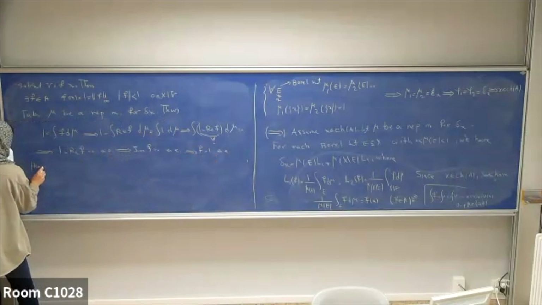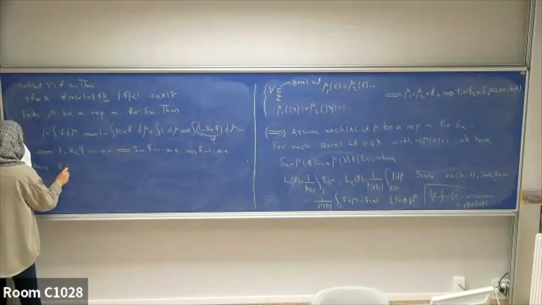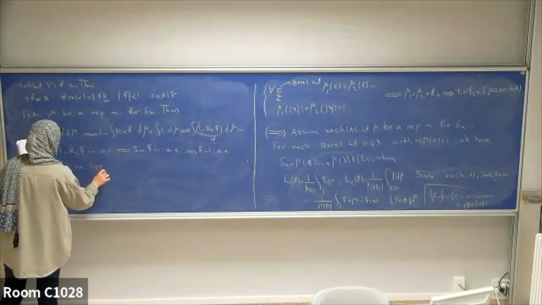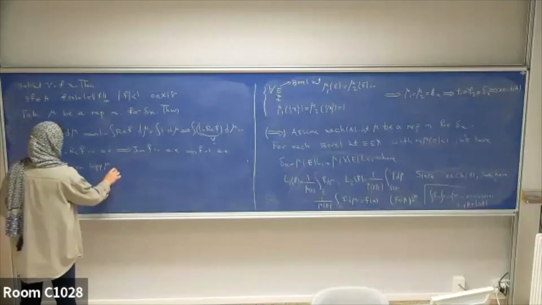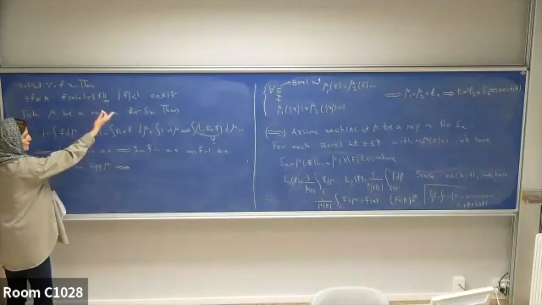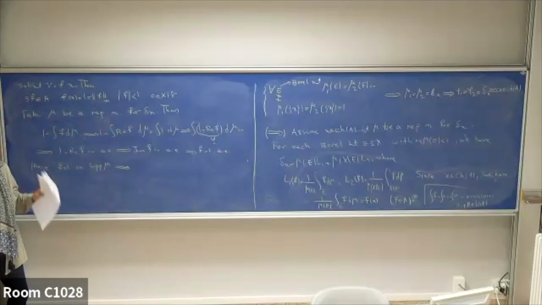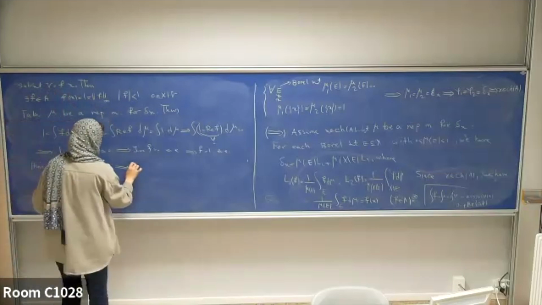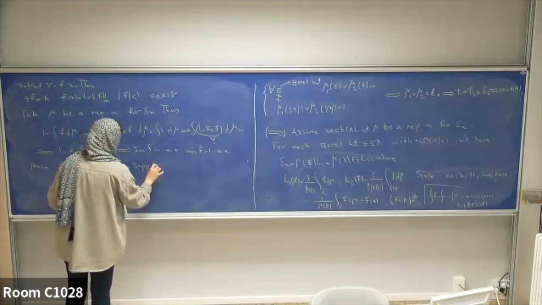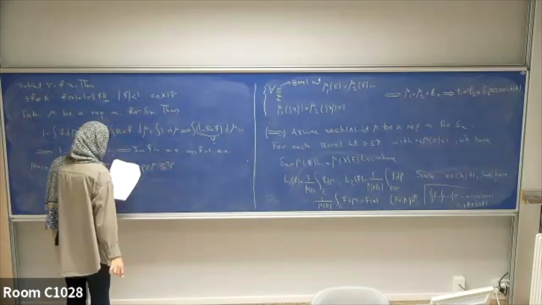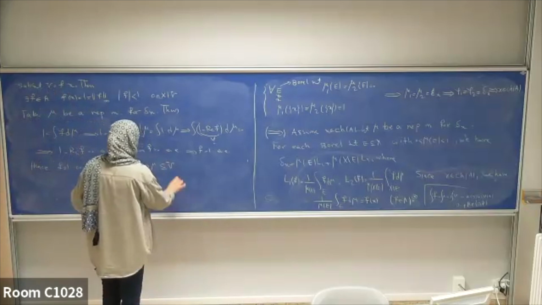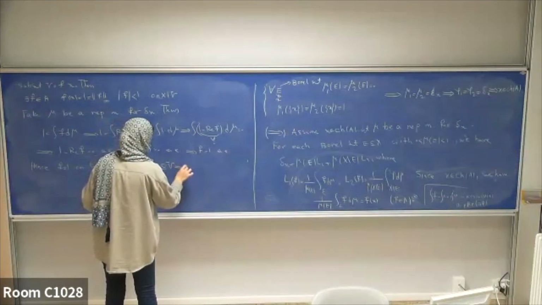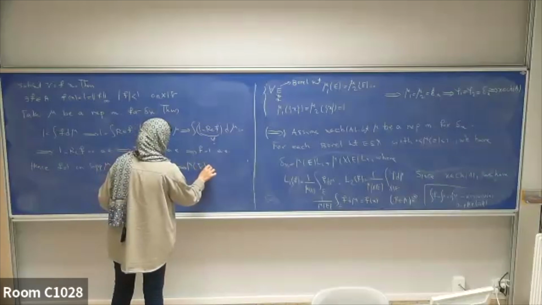Hence f is 1 on the support of mu. But outside V, the absolute value of f is less than 1, so the support of mu should be a subset of V. So mu of V is 1.